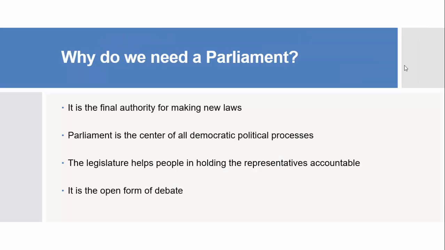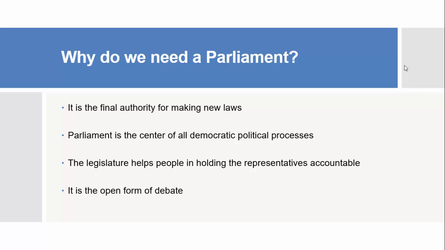So now, in this slide, we will discuss why do we need a Parliament? Parliament is the final authority for making new laws. Lawmaking is not only the function of the legislature, it is the center of all democratic political process.